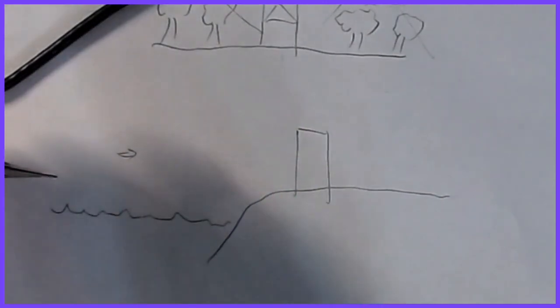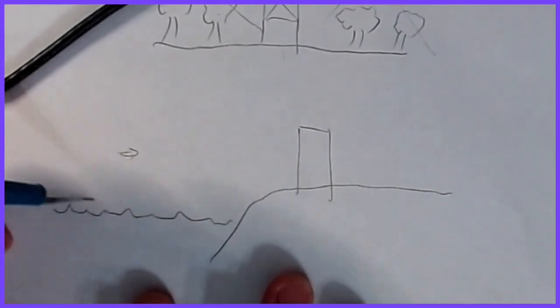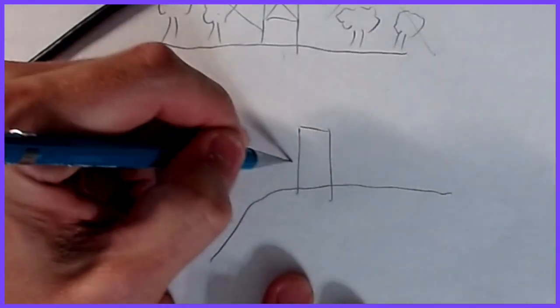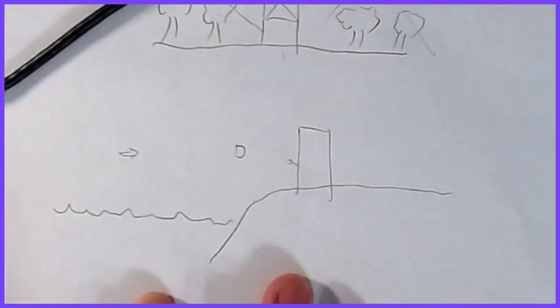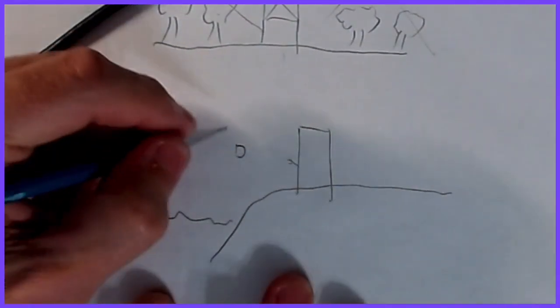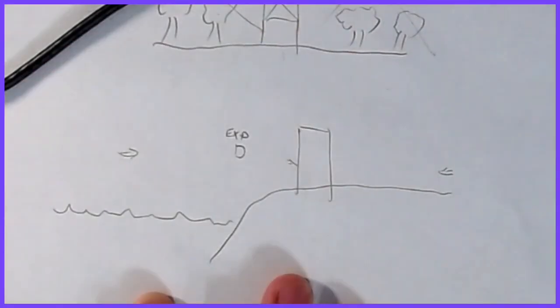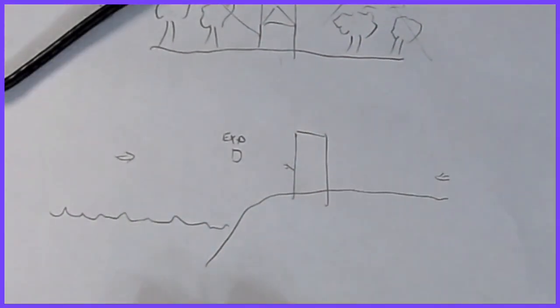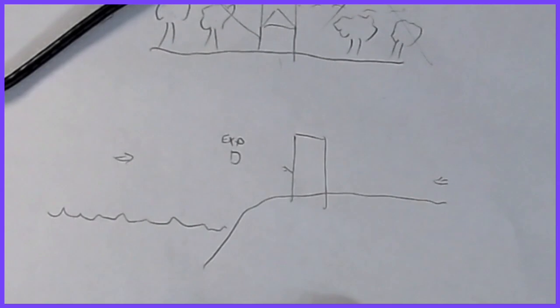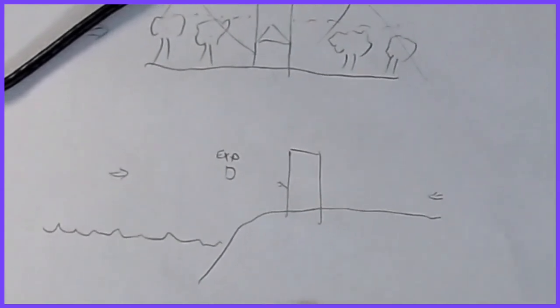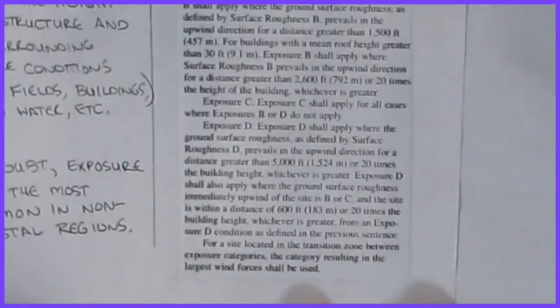It's a big body of water, and there is nothing here to block the wind from hitting this building at full force. That's a D factor. That's our exposure D happening there. Again, you could have D on one side, and I could have something else when the wind comes from the other direction when we start to define all of those. So those are some of our basic exposure Ds.